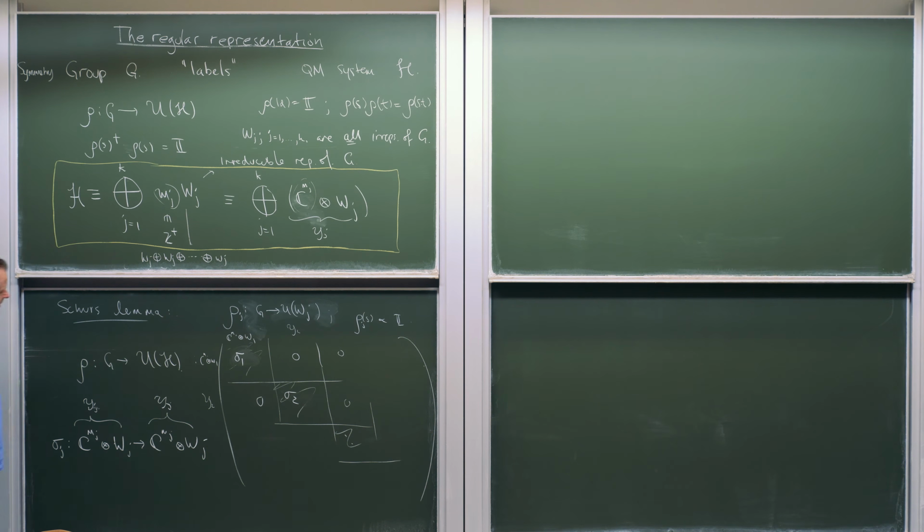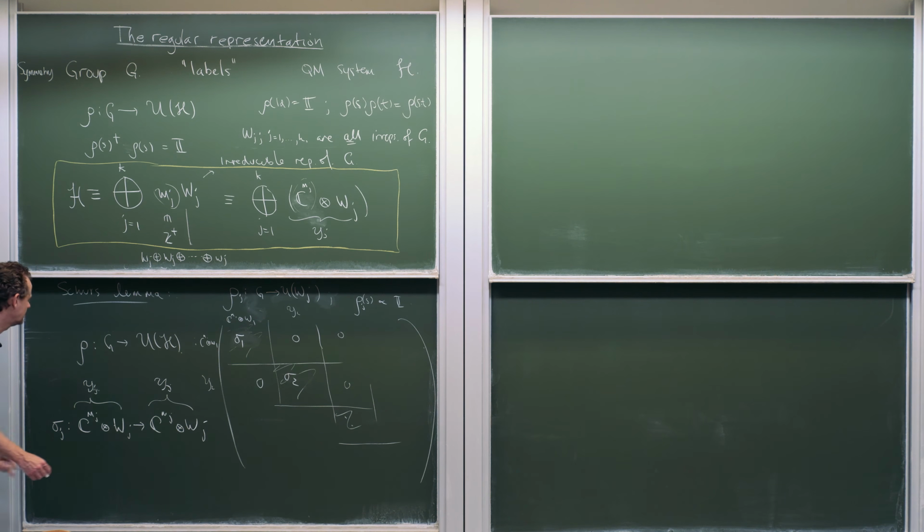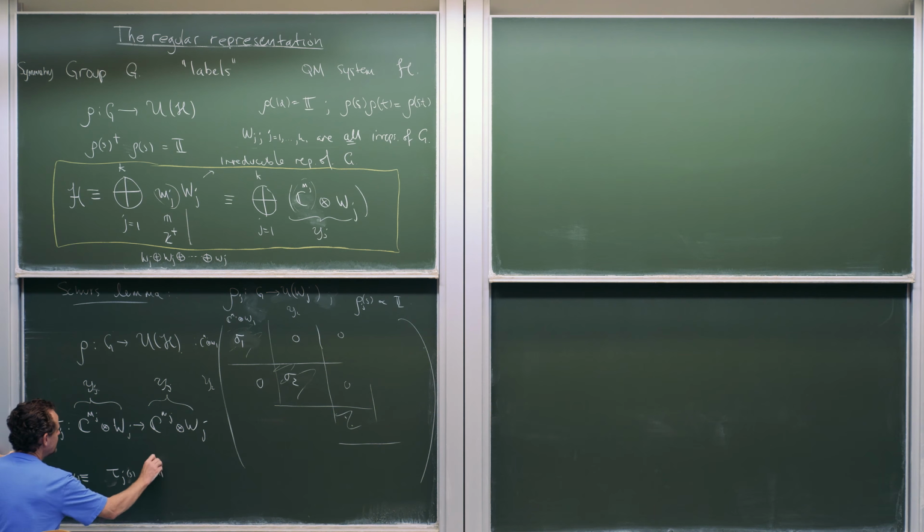Now, on this decomposed vector space here, it has to act as the identity on Wj because of Schur's lemma. Wj is irreducible. So the only way sigma j can act is as some other matrix, which we'll call tau j, that can depend on the group element S, but tensor as the identity on Wj.